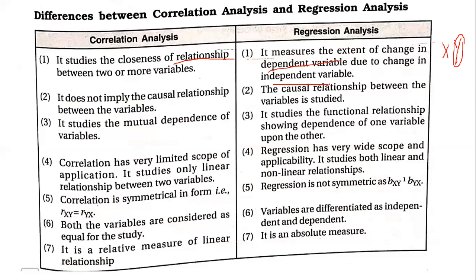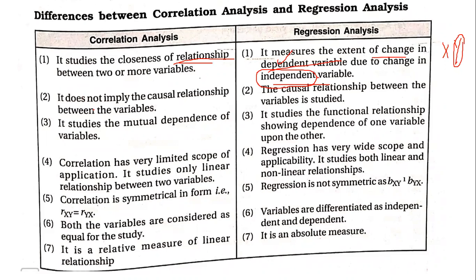The change in the dependent variable is because of the independent variable. The independent variable is not influenced by anyone, while the dependent variable gets influenced. Fine. So here we will find the change, and there we'll find the relationship.